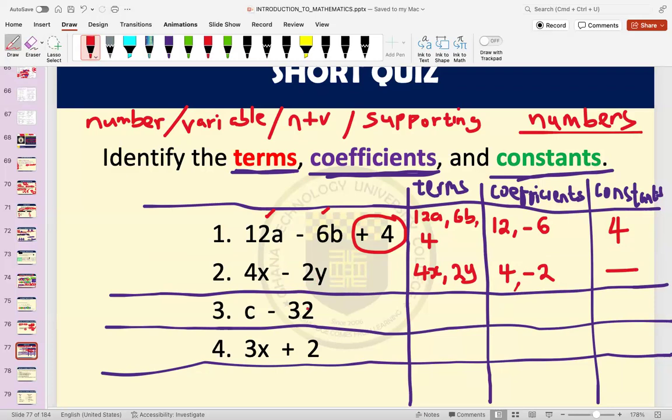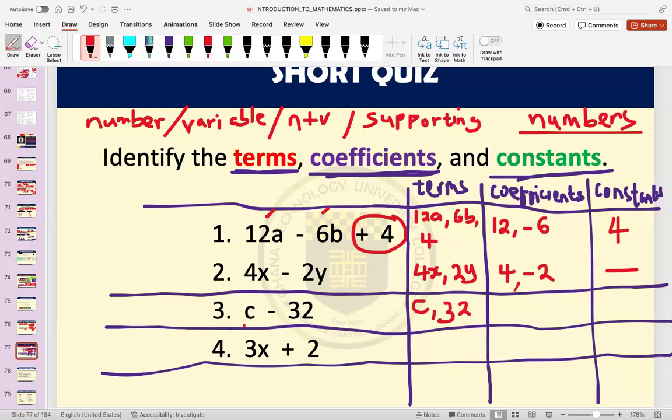And then we move to the third expression. We have c, and then we have 32, a number also standing alone. 32 is also a term. And then let's look at the coefficients. What is supporting c? Normally there is 1 here.